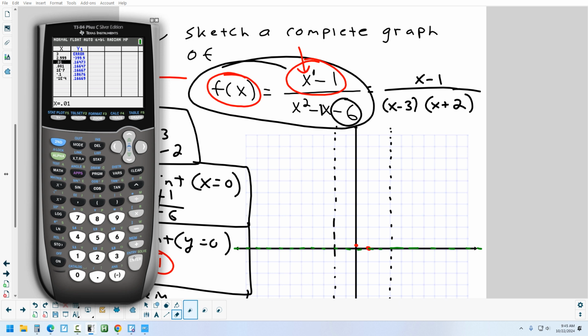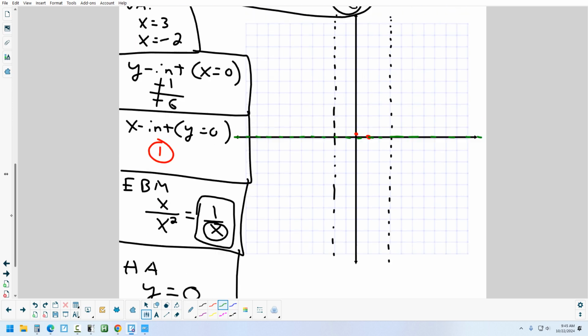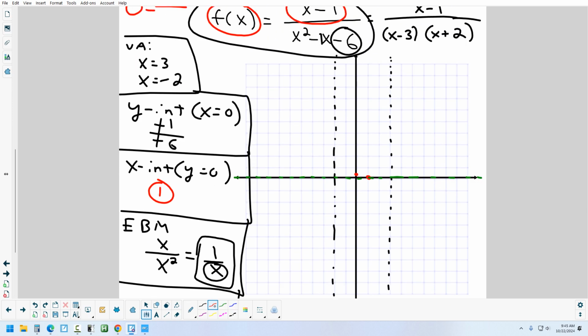So when x is just before the number 3, we're going way down. And we're going to be going all the way down to what? Negative infinity. Okay, so I can't go that low on the graph, obviously, but just put a dot as far down as you can. So just before the number 3, we're way down.